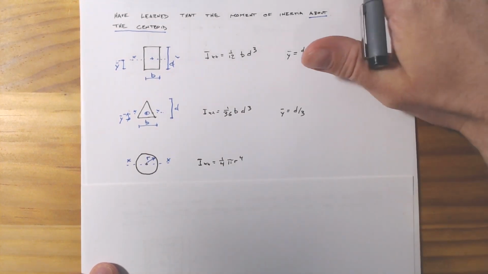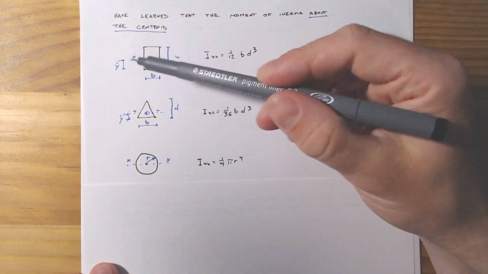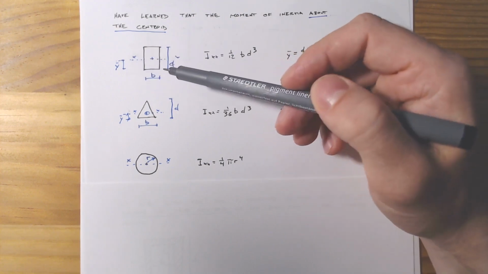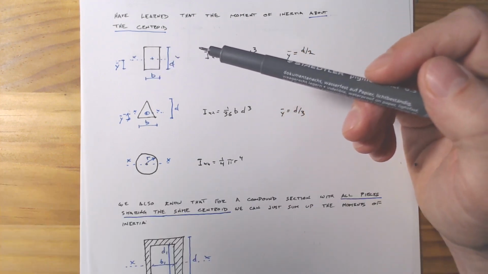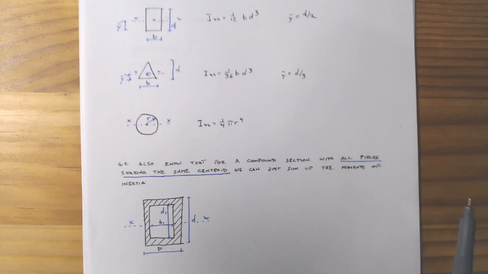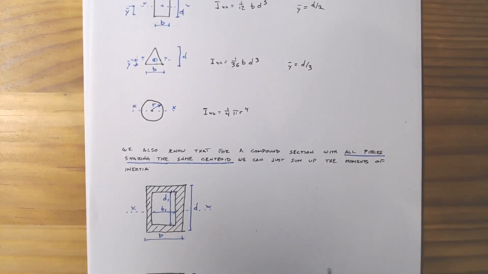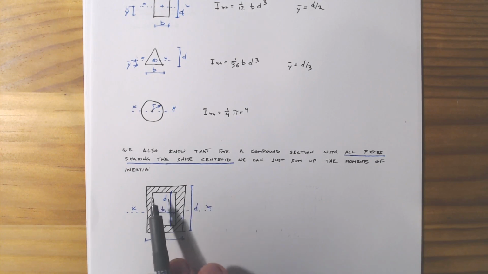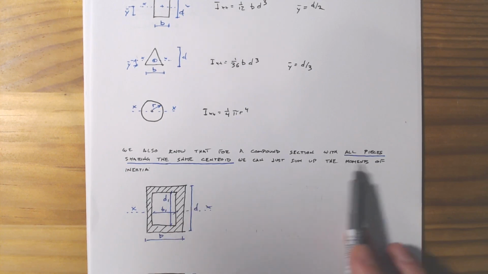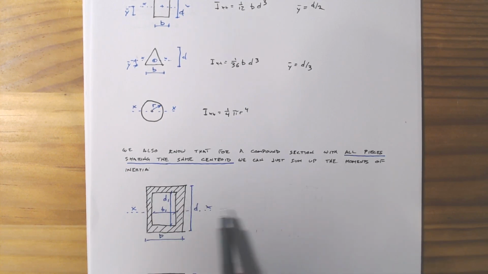This was useful, but not every element is made of a rectangle, and sometimes we will get compound sections. This is also what we looked at: if we have a compound section, we can work out the moment of inertia as long as each of these pieces shares the same centroid.